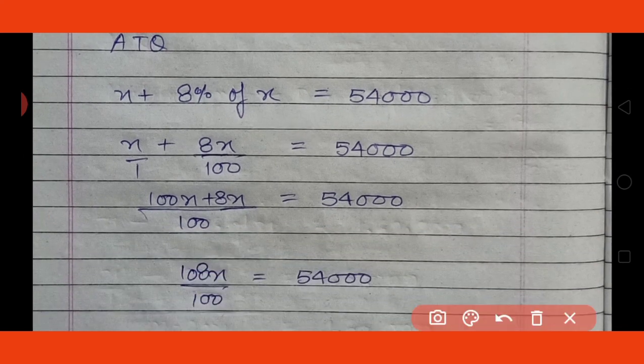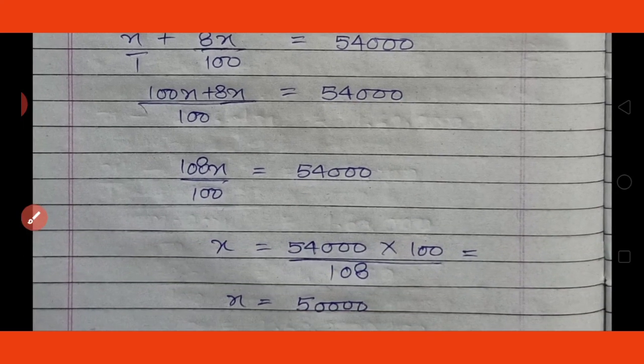So x upon 1 plus 8x upon 100, because 8% can be written in the form of 8 upon 100, and x is multiplying with 8 upon 100. We will fractionally add it, it became 100x plus 8x upon 100 is equal to 54,000. So 8x and 100x are like terms, so they will add together, it will be written 108x upon 100 is equal to 54,000.